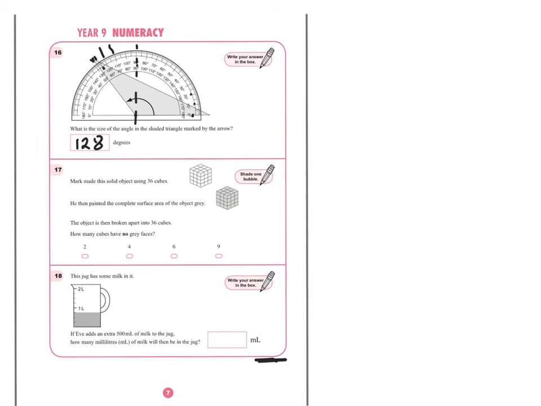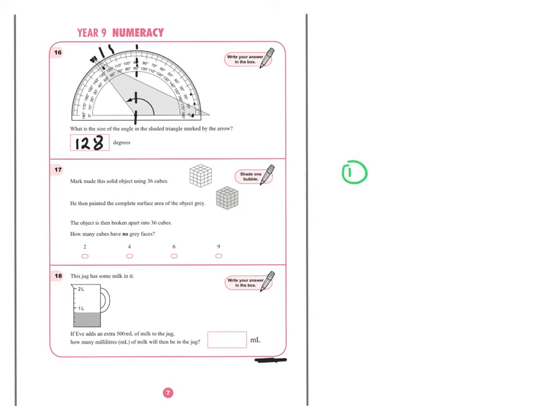But this line here that goes through, this cube will be painted on one side, but then we can see there's 3 in a row, 1, 2, 3. So the first one is going to be painted, but the one in the middle won't be. That's going to give us 1 so far.